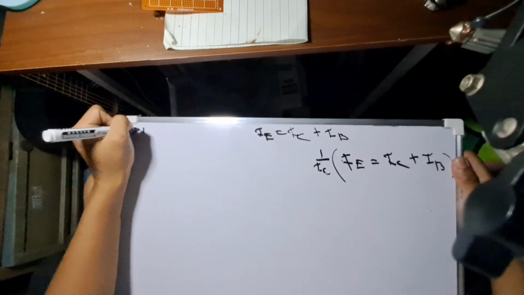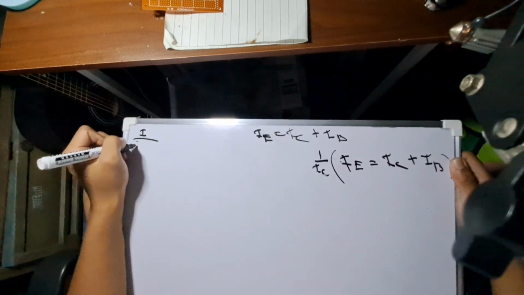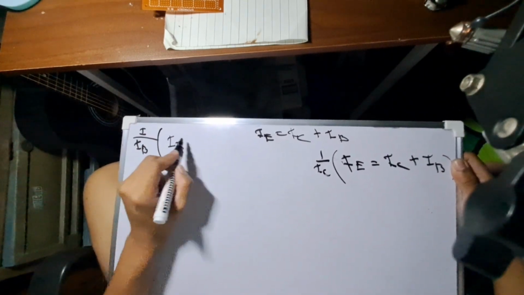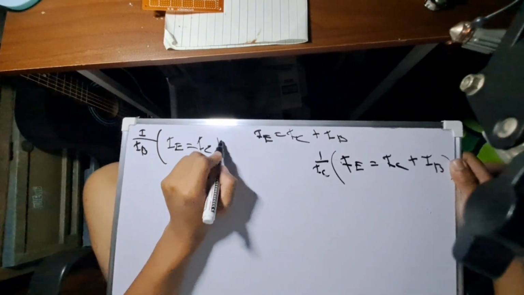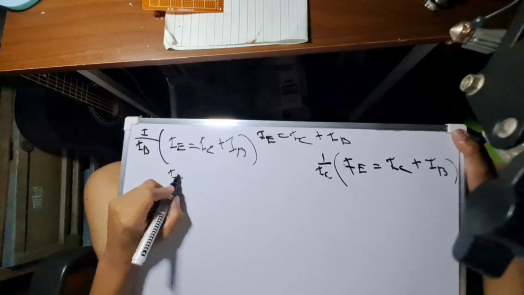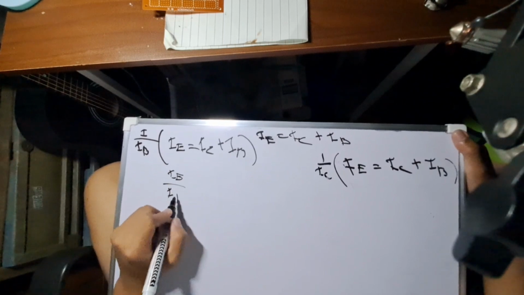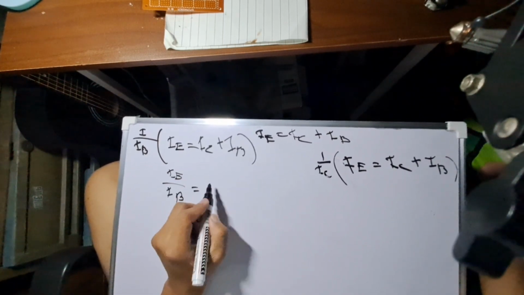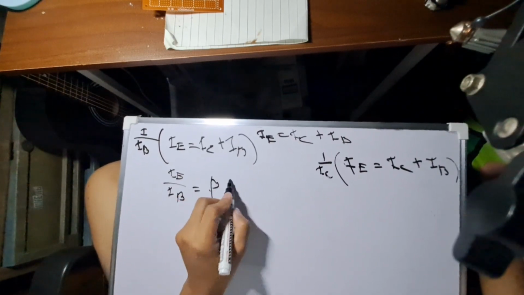So that's all. Same ginawa natin kanina. Let's multiply by 1 over IB naman of the equation IE is equals to IC plus IB. So immediately IE over IB is IC over IB plus 1, which is beta plus 1.